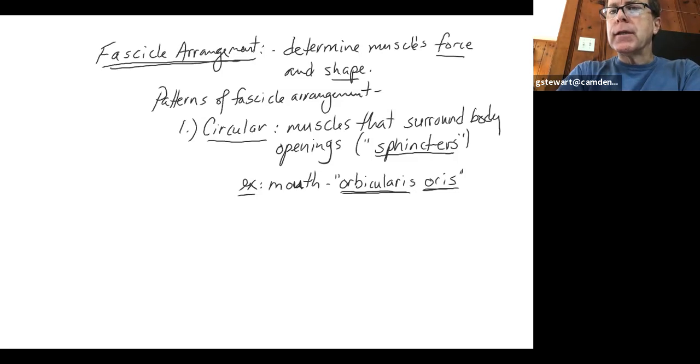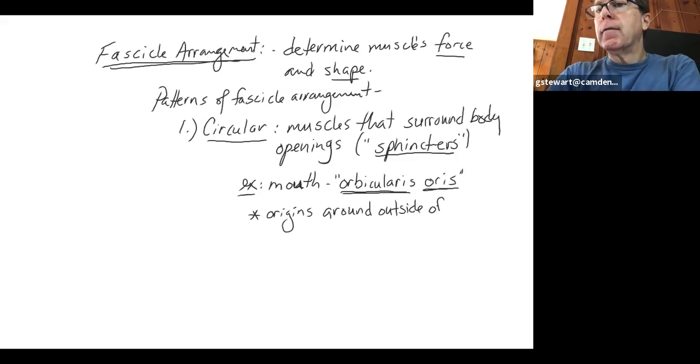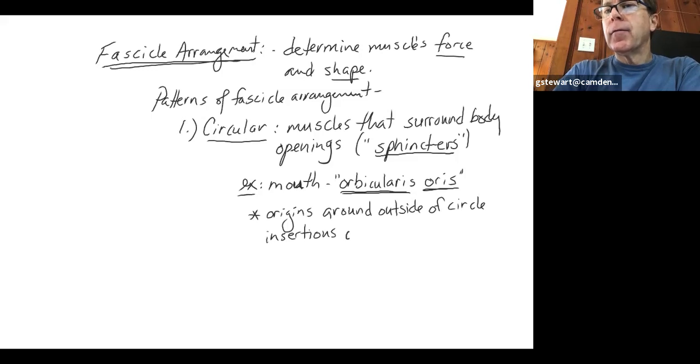The origins for circular muscles are around the outside of the circle. The insertions are typically on the inside of the circle.